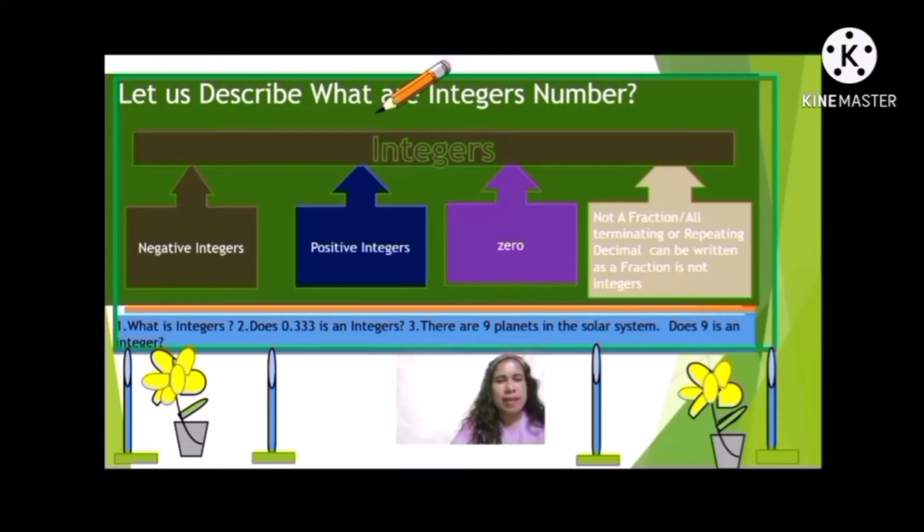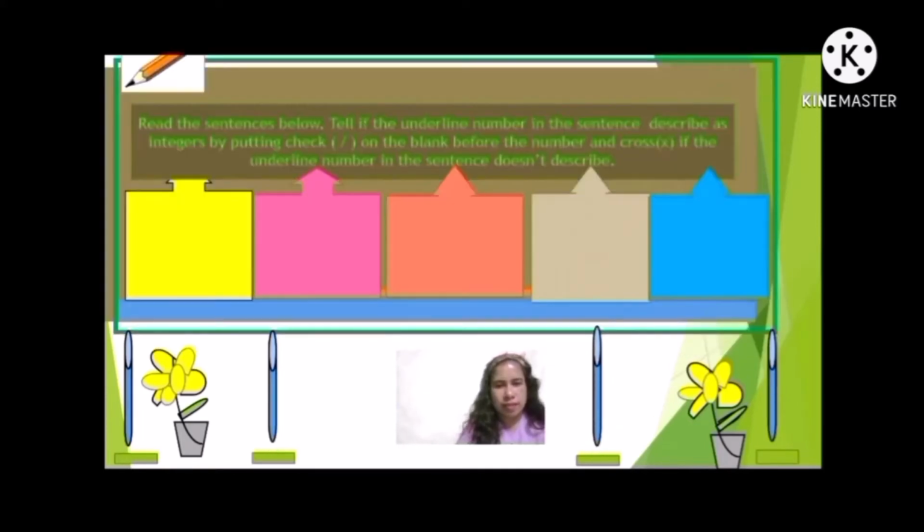Number 2, is 0.333 an integer? So that is a decimal. Number 3, there are 9 planets in the solar system.